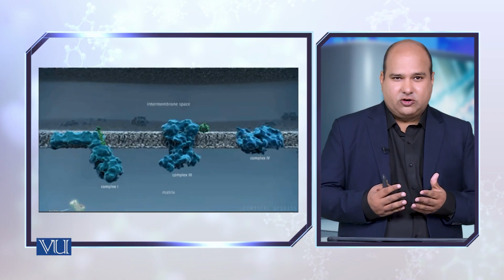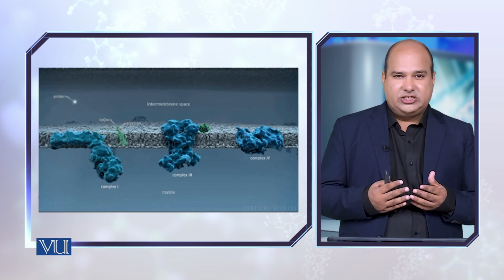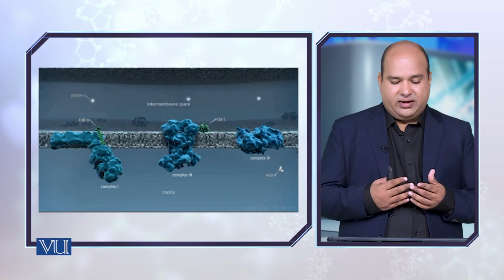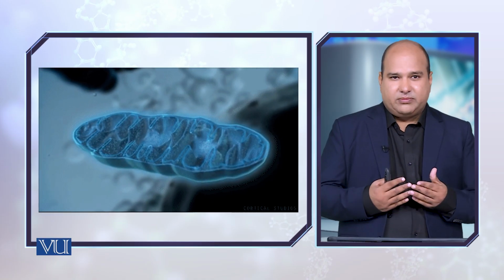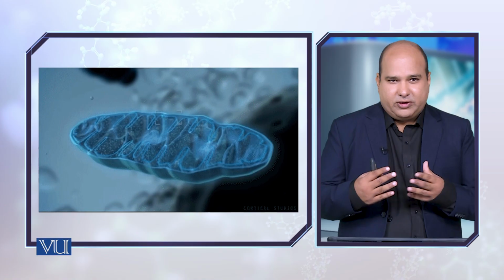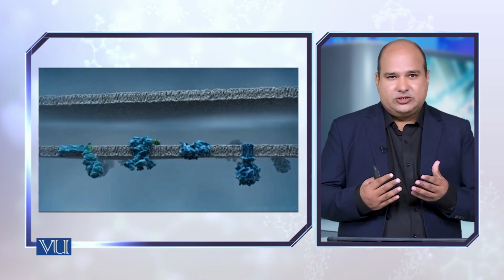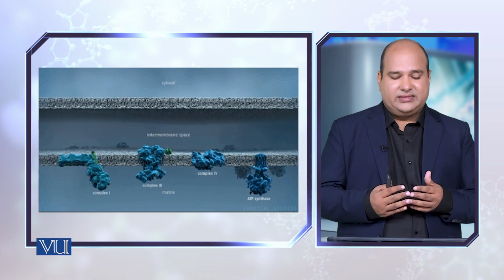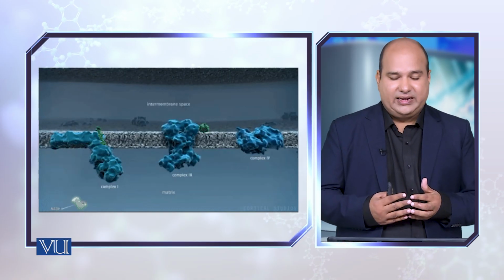One of its features is that it is compartmentalized, with inner and outer compartments, and you can make use of the differences between them to carry out reactions as complex as the electron transport chain.